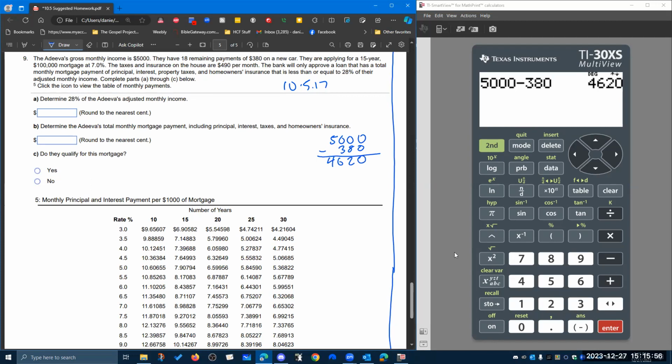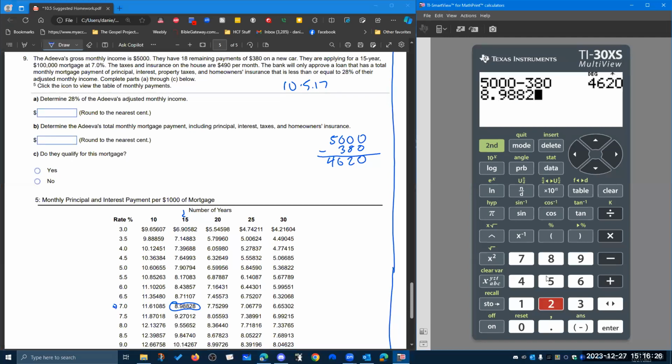They are applying for a 15-year, $100,000 mortgage at 7%. So 7%, 15-year, right here is our multiplier. So their monthly payment that we're looking at is 8.98828 times 100.